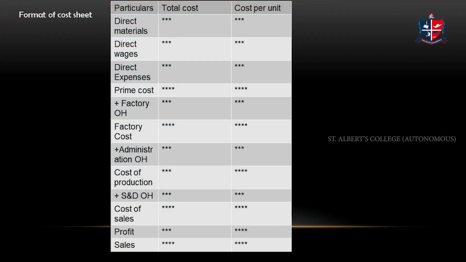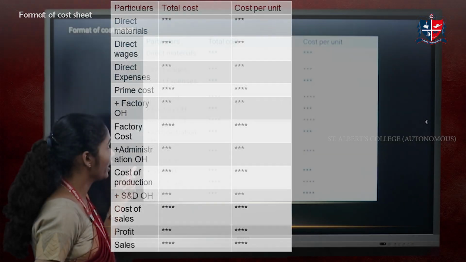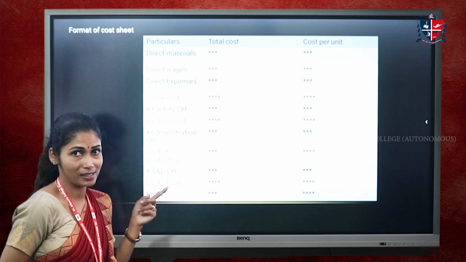Then the main format for preparing a cost sheet has 3 columns: particulars, total cost, then cost per unit. The first item is direct material. Then direct wages, then direct expenses.